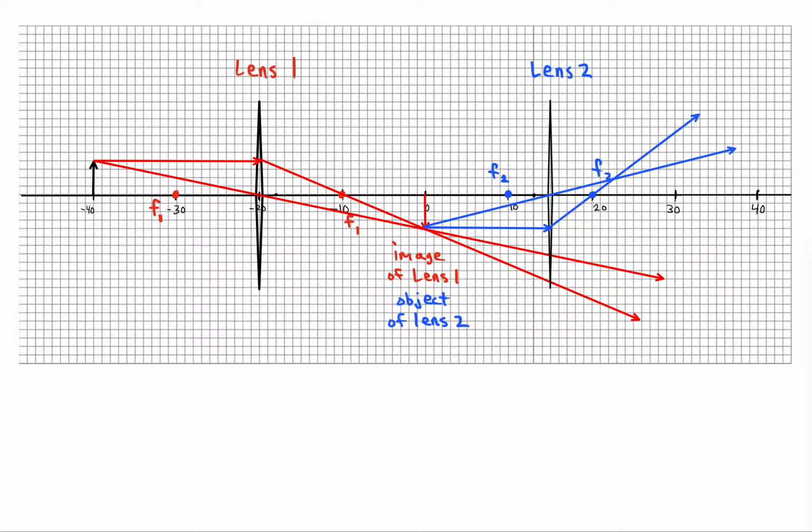And this would allow us to construct the final image. Alright, so let's write that this is the image of lens 2, but it is also the image of the whole system.